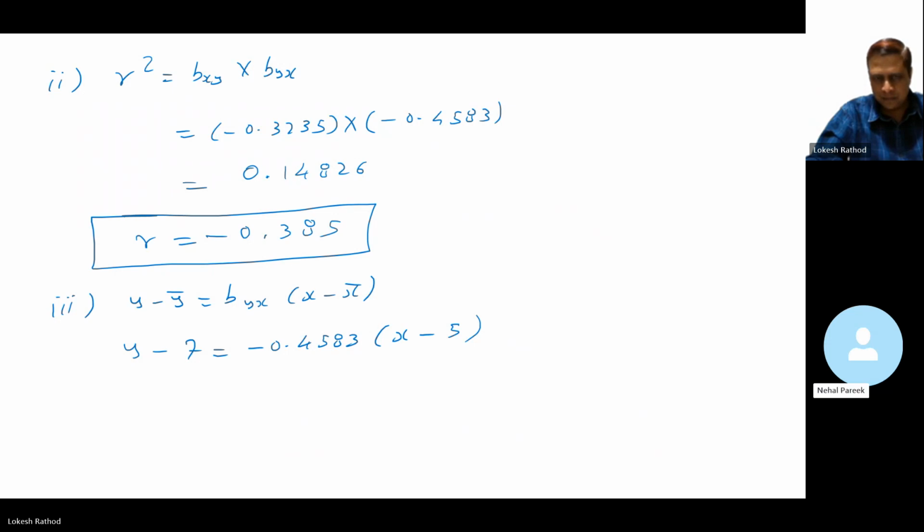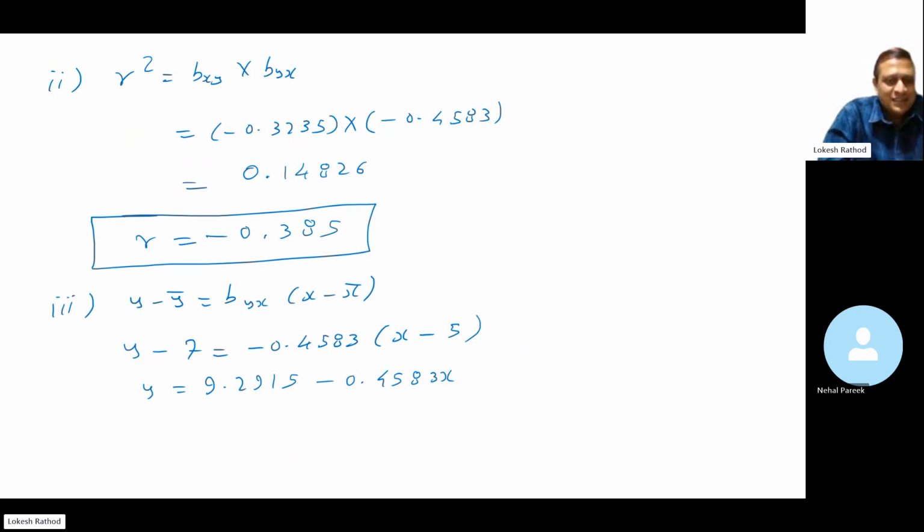I got y is equal to 9.2915 minus 0.4583x. Okay, I think this should be fine.